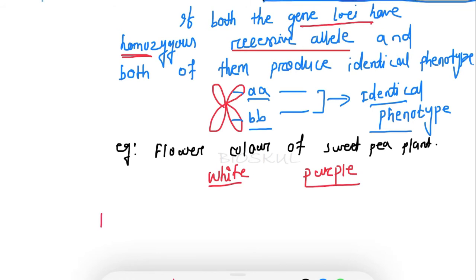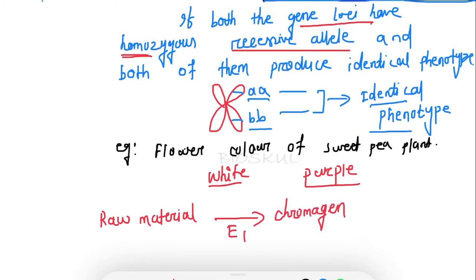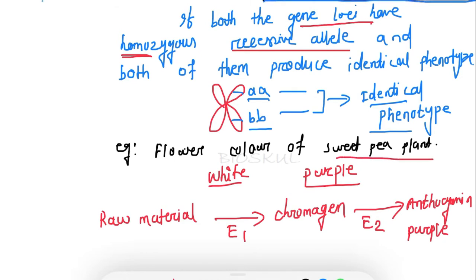Let's say the raw material is present, and it is converted into chromogen by enzyme E1. Then the chromogen is converted into anthocyanin by enzyme E2, and this anthocyanin produces the purple color flower. So these are the two steps through which the purple flower is produced in sweet pea.